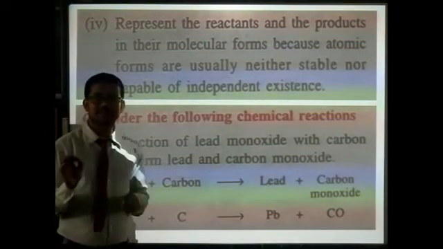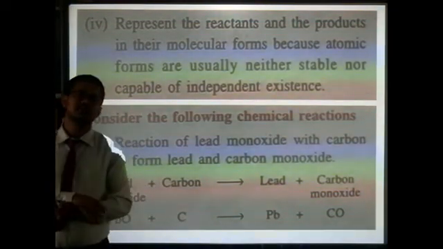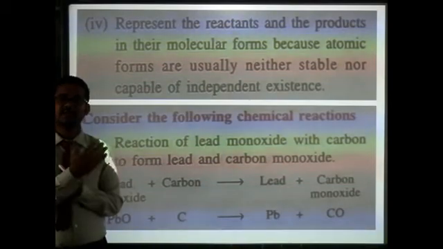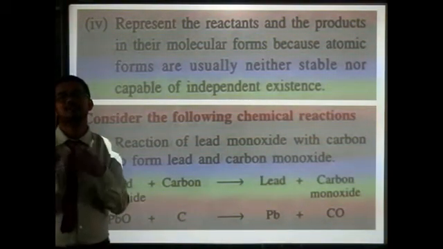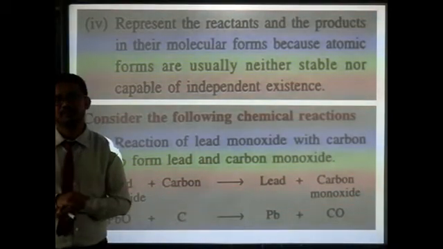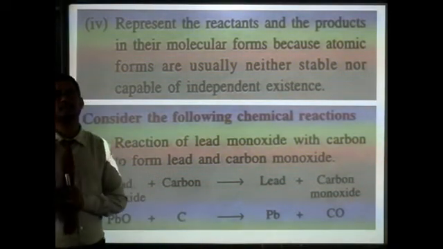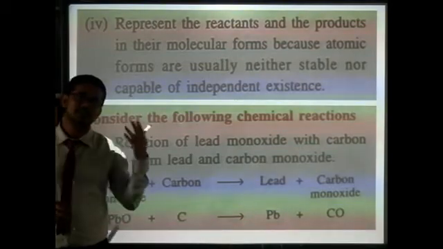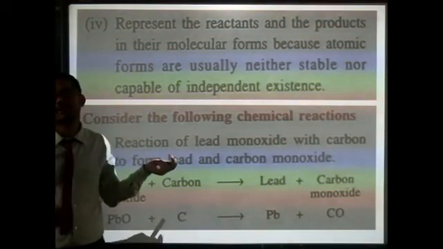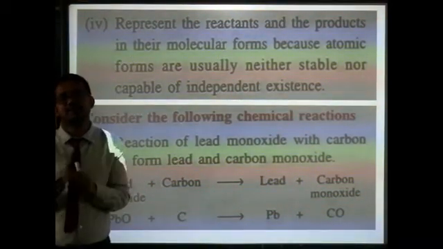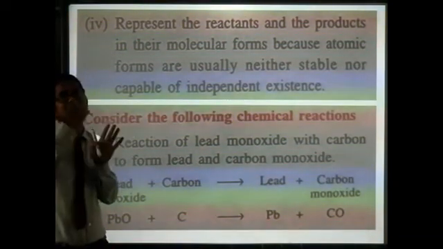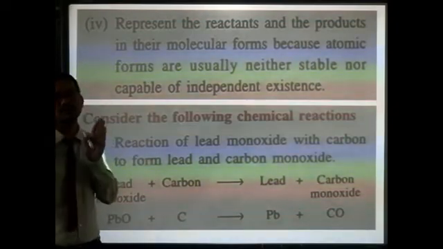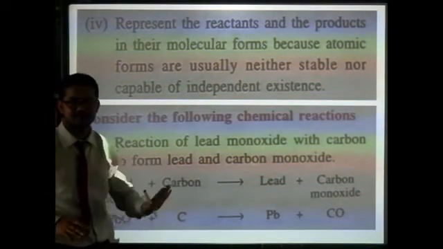So step number 3 is also clear. Step number 1, we write the reactants on the left hand side, and if there is more than one reactant, we put plus in between. Then for the product, same thing: if it is one product, we write simply the product; if more than one, we write plus in between the products. Then we separate the reactants from the products by using an arrow in between.